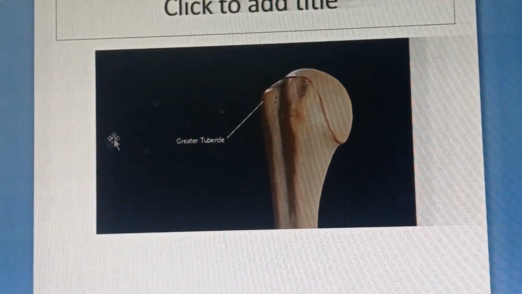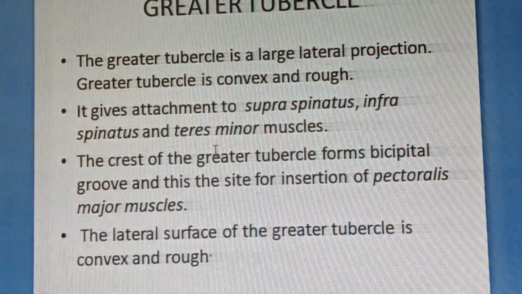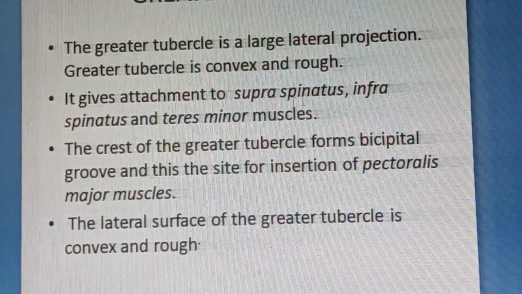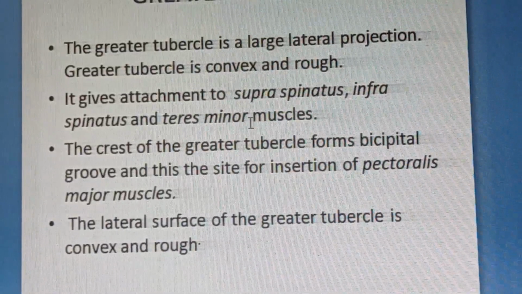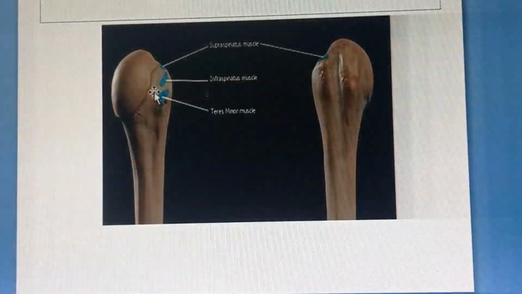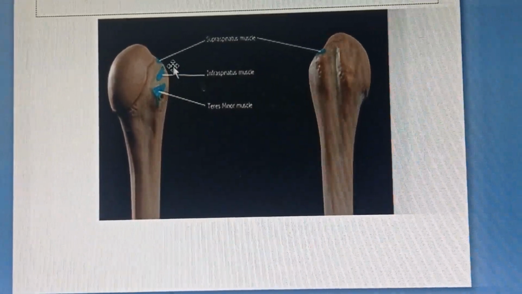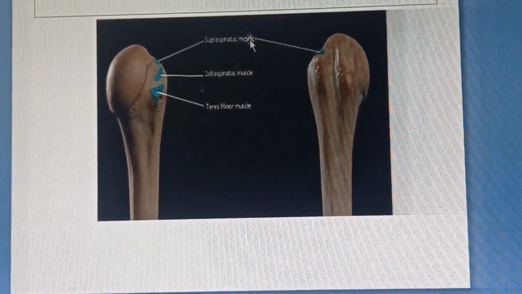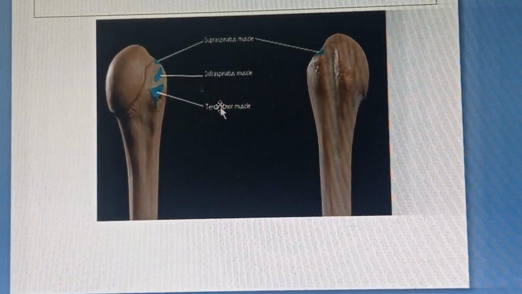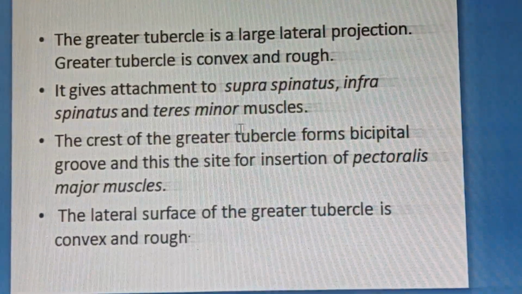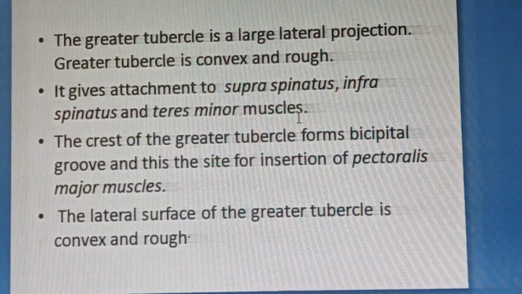The muscles which attach to the greater tubercle are supraspinatus, infraspinatus, and teres minor. From this rough area of the greater tubercle, these three muscles are attached.